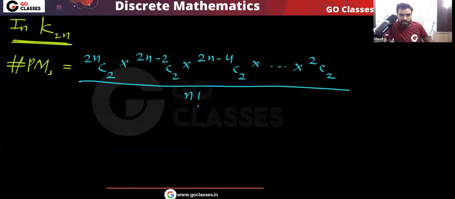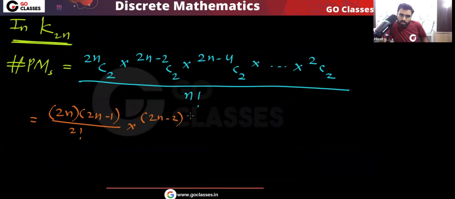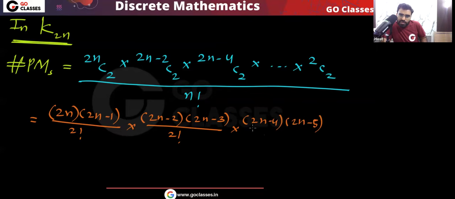Now if you simplify it, let me tell you what you are going to get. You will get 2n into 2n minus 1 divided by 2 factorial. Then 2n minus 2 into 2n minus 3 divided by 2 factorial, into 2n minus 4, 2n minus 5 divided by 2 factorial, and so on.